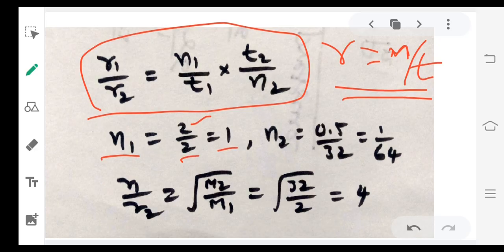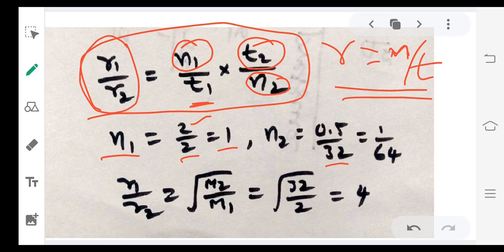n2: how many grams are given? 0.5 grams of oxygen. Its molecular mass is 32, so you will get 1 by 64 moles. Then we got the n1 value and n2 value, and the t2 value they provided, that is 10 minutes, and you have to calculate t1. If you know the R1 by R2 value, you can calculate t1.